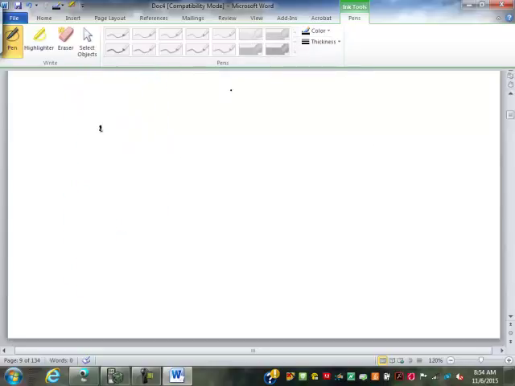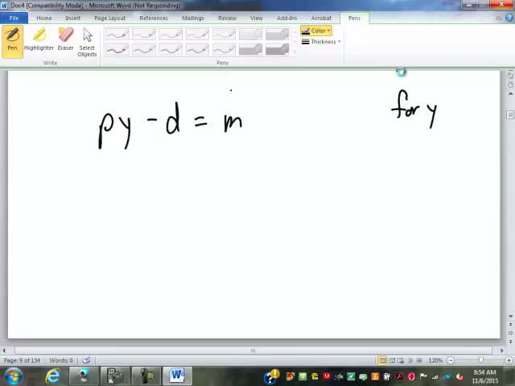How about solve that for y? Py minus d equals m. That's technically not the equation, but the p and m are usually in your momentum equations.